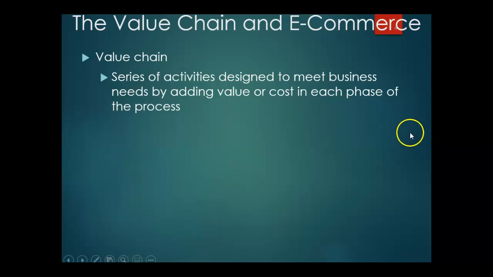So then you have loggers, and then it gets to a mill, and then it gets cut down to boards, and then the boards go to the factory, and then they make the chairs out of them, and then the chairs actually go to a retailer. So each time, those boards might only have cost a couple dollars, but then that chair is sold for $50. So there's a lot of value added to it as the chair is put together and finished off.